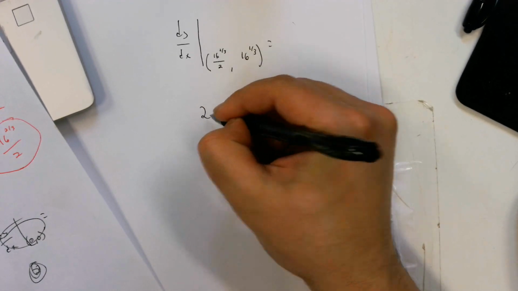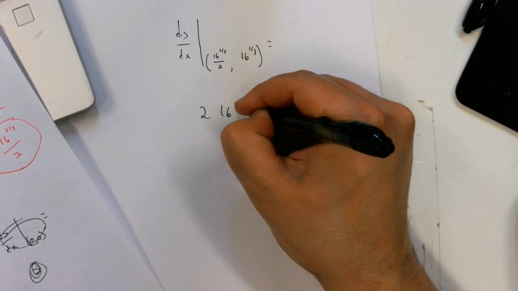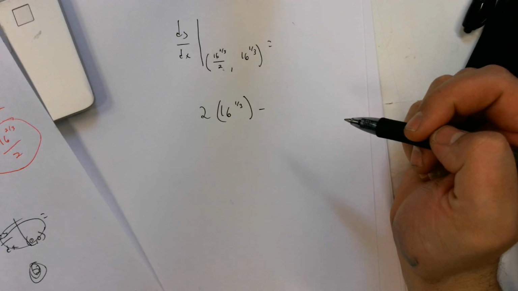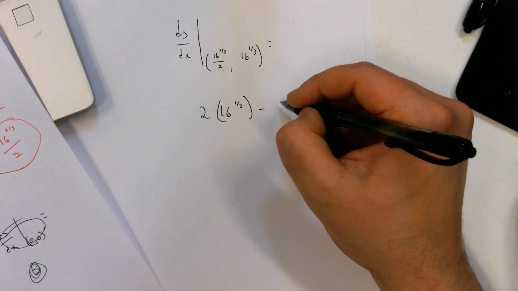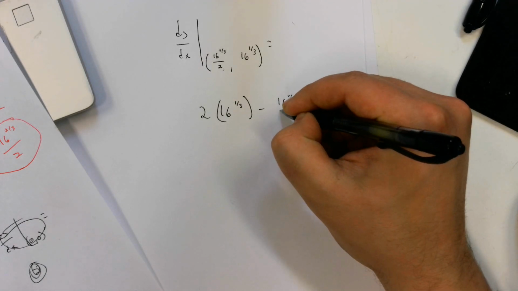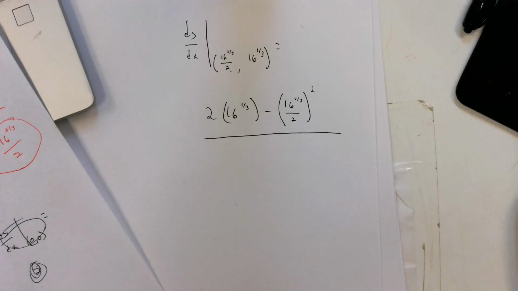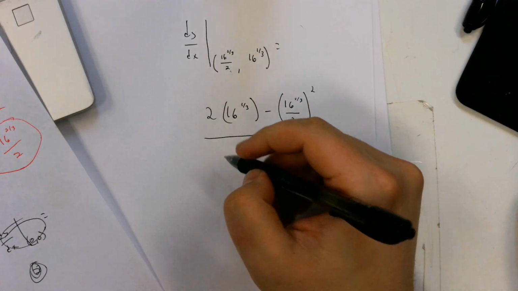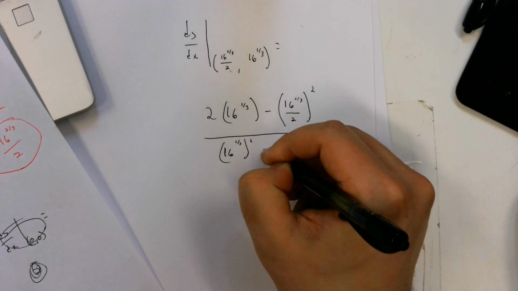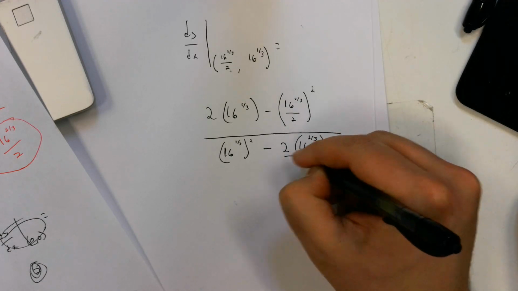Well, 2 times y, which is 16 to the 1/3, minus this squared, 16 to the 2/3 over 2 squared, over y squared, which is 16 to the 1/3 squared, minus 2 times 16 to the 2/3 over 2.